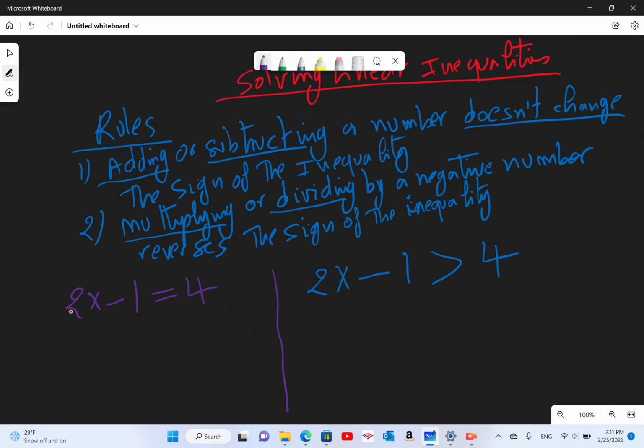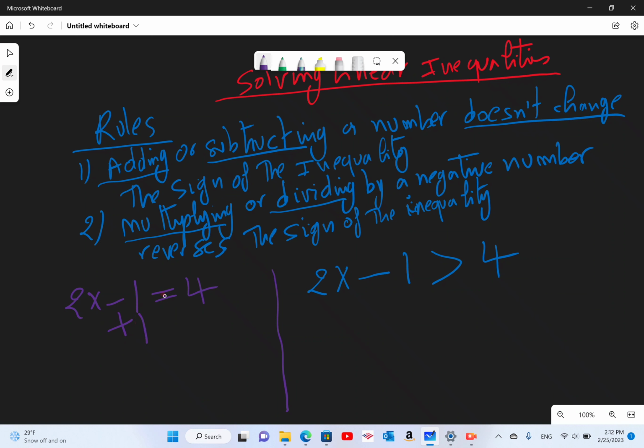When we want to solve a linear equation, for example 2x minus 1 equals 4, the goal is to isolate x on the left side and everything else on the right side. If we have a negative 1, we first get rid of it by adding 1, because the inverse operation of subtraction is addition.